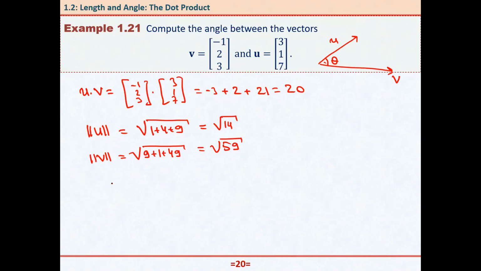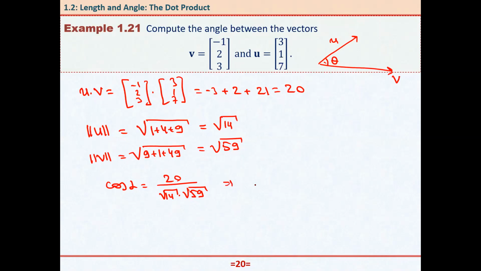Then cosine of alpha will be u dot v, that's 20, over norm of u, that is square root of 14, times square root of 59. And it says compute the angle, right?